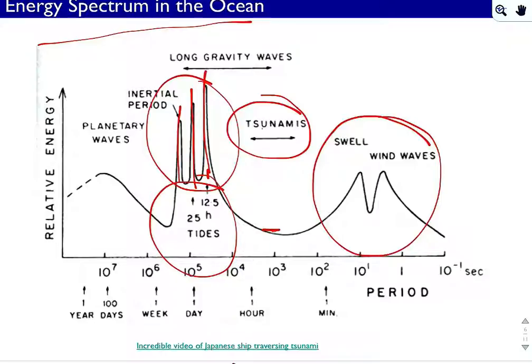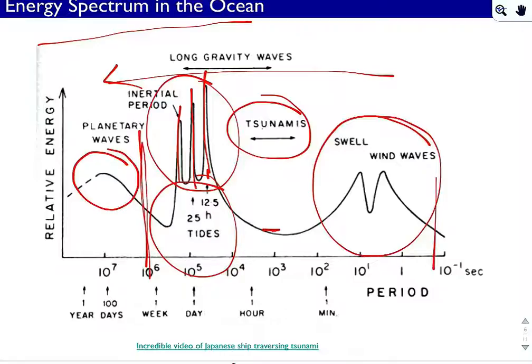And then you have the planetary waves, which move on the order of weeks, months, etc. So this is period getting longer, and you can see how the energy is compartmentalized in these different phenomena. We're going to be focused in this lecture on gravity waves up to here, and we'll have specific units later on tides. So right now we're focusing more on wind-driven waves.